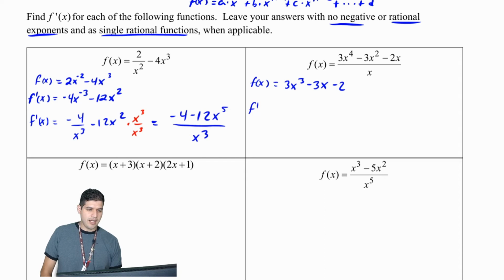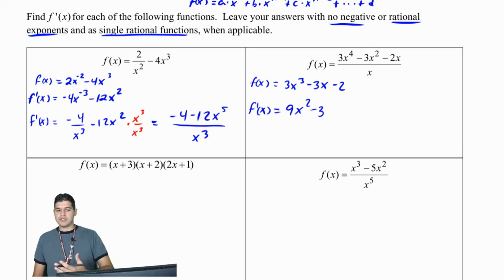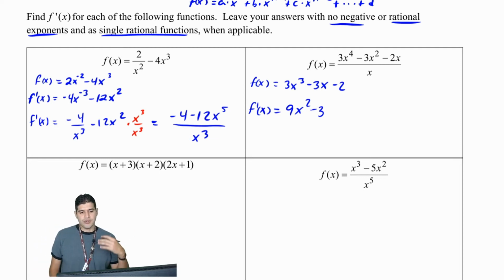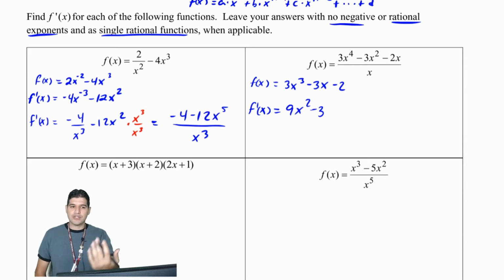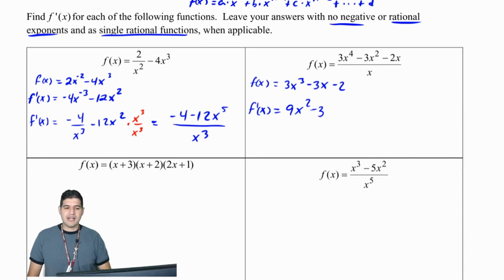So f prime of x equals 9x squared, multiply and subtract 1, minus 3. And then that constant at the end, the 2, gives 0, so minus 0. This is my derivative for that pretty nasty function at the beginning. But you see, just two steps later, using the power rule, we got something very quickly.